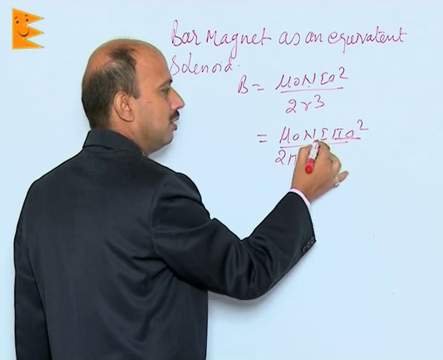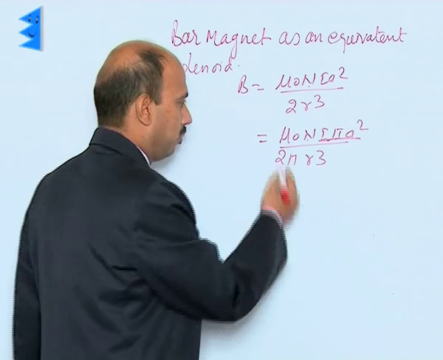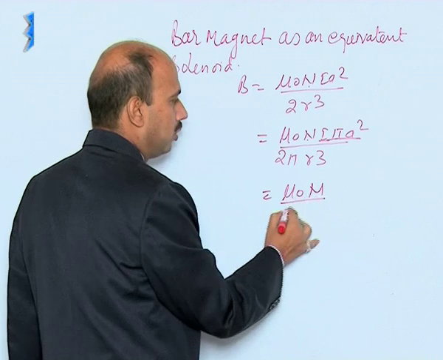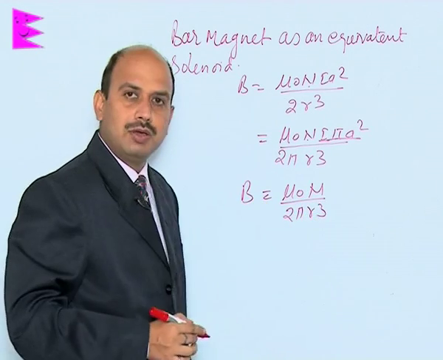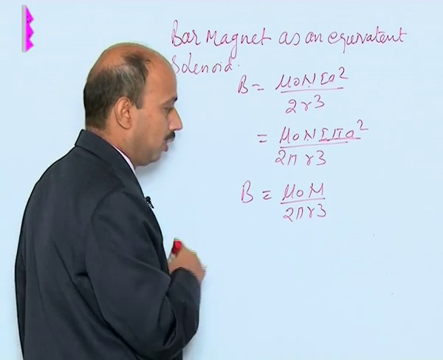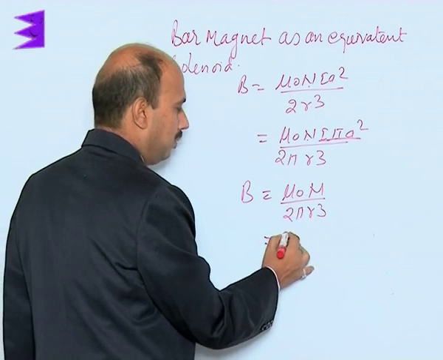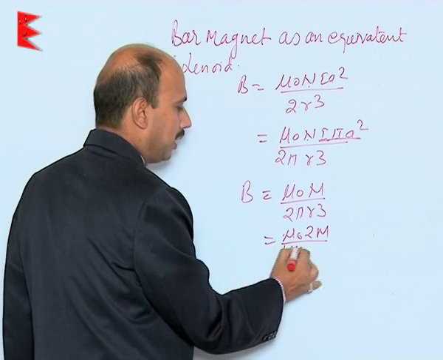This is the area, this is the current, so that is the dipole moment, into n, that is the total magnetic dipole moment. So, we can write mu naught m upon twice of pi r cube. This is the magnetic field at a point P on the axis of the solenoid. Here we can again multiply by 2, so we will get mu naught twice of m divided by 4 pi r cube.